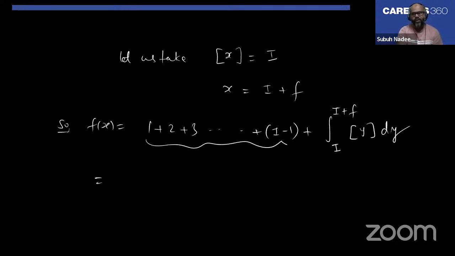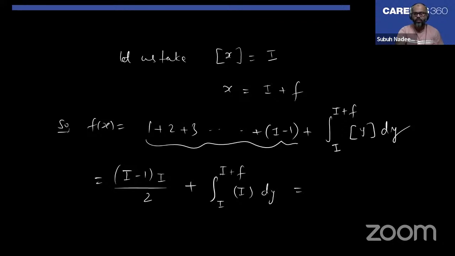Now, the sum of the first I minus 1 natural numbers will be n into n plus 1 by 2. We will write it like this. And now, this other term is from I to I plus f, and the greatest integer of y between this interval will be I. So this will become I minus 1 into I by 2 plus, and I into dy integration will be y.